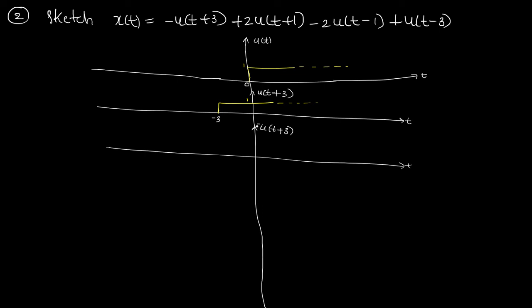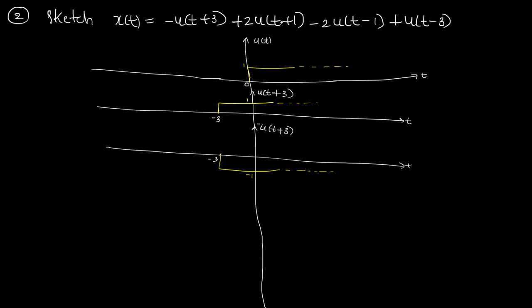Minus is outside, means it is an amplitude scaling. So instead of plus 1, you should take 1 into amplitude minus 1. So 1 into minus 1 will become the negative amplitude. This is the signal minus u of t plus 3.